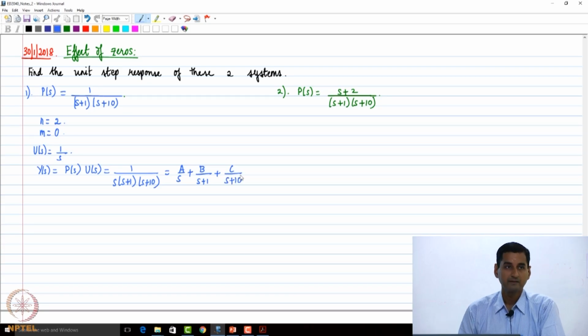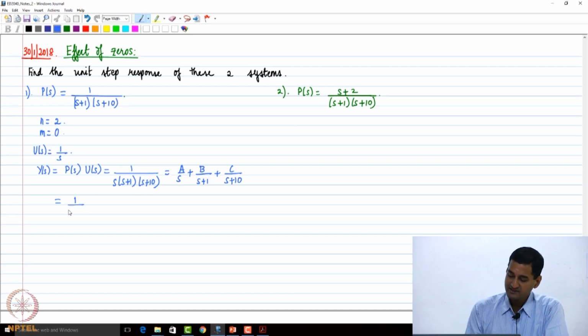Now, how do we find A, B and C? We have already discussed this. For A, you multiply both sides by s and substitute s equals 0. You will immediately see that A is going to be 1 by 10. What about B?